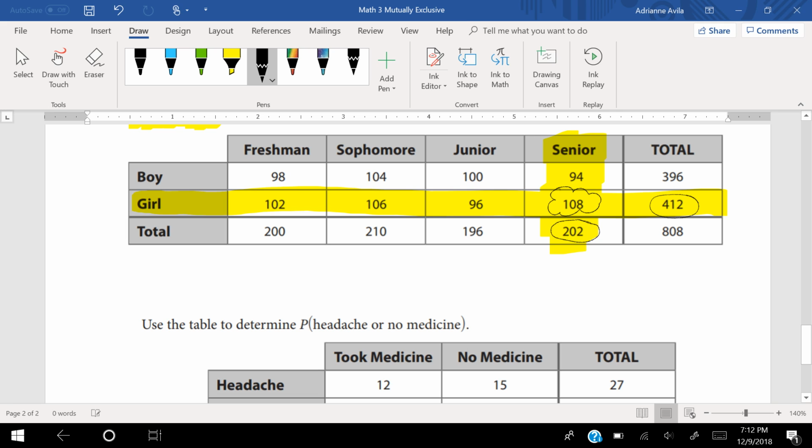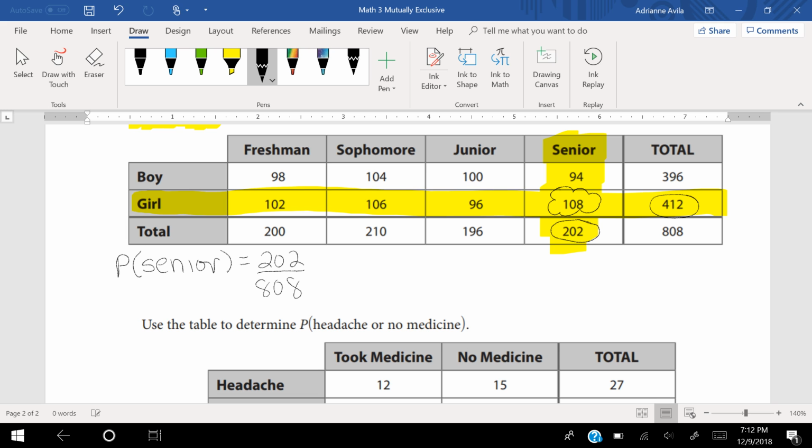So if I think about the options, the probability of being a senior, that is the 202 out of the 808.